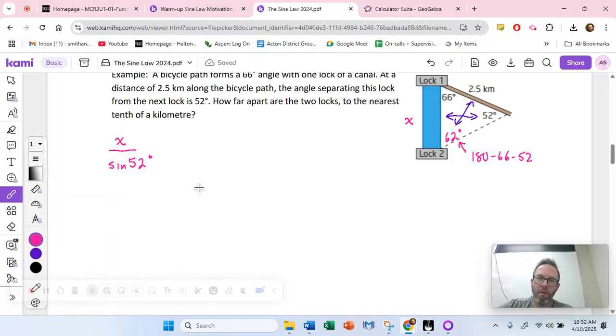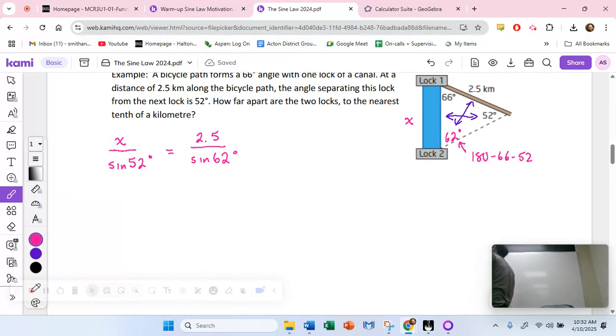But the sine law says that doing that division will give you the same result as if you did 2.5, that side, divided by the sine of its corresponding opposite angle, 62 degrees. That's what the sine law says.